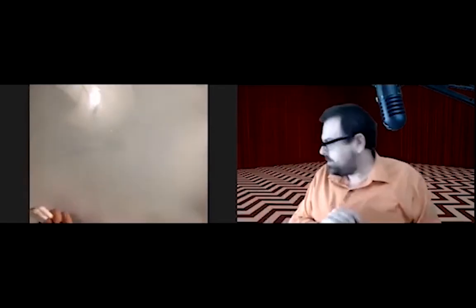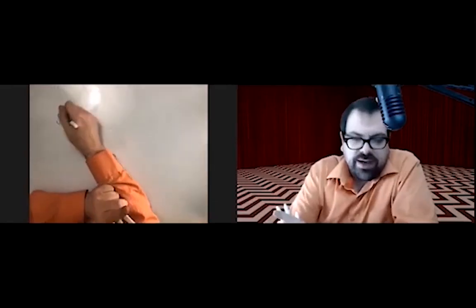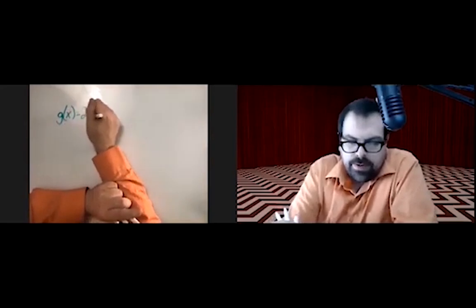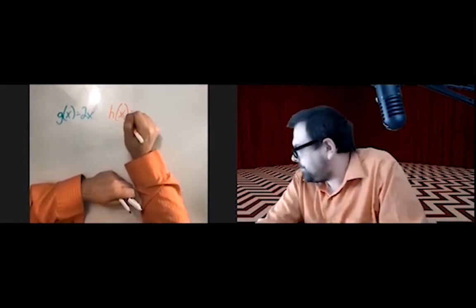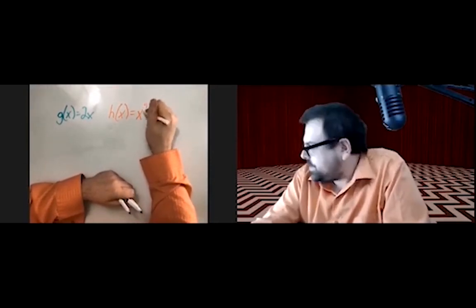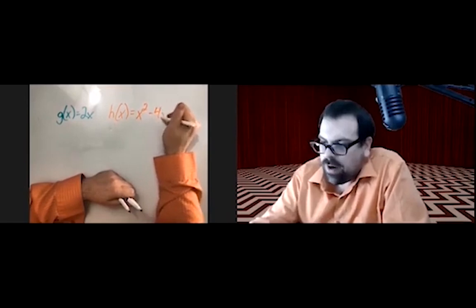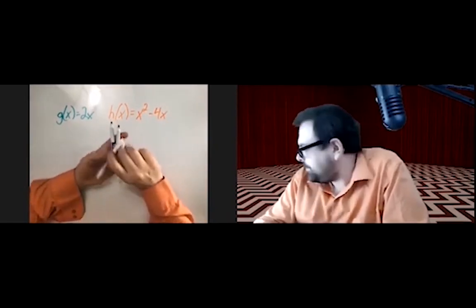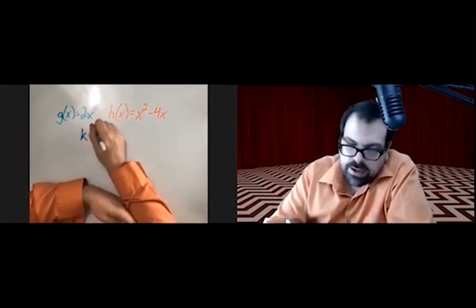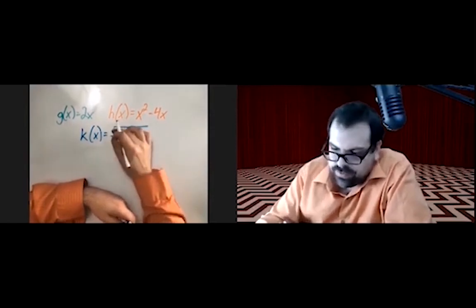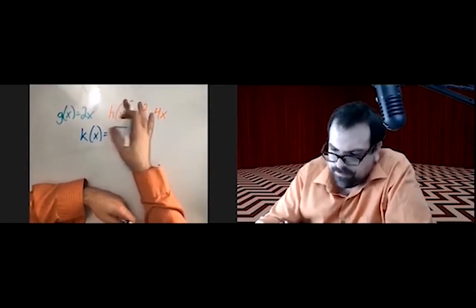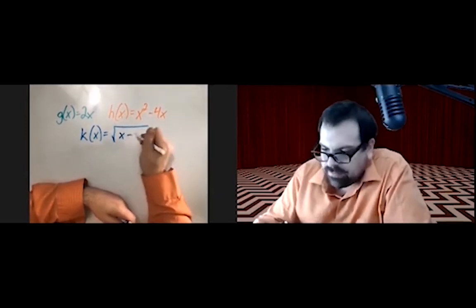I want to give 3 new functions. g of x equals 2x, h of x equals x squared minus 4x, and k of x equals the square root of x minus 1.